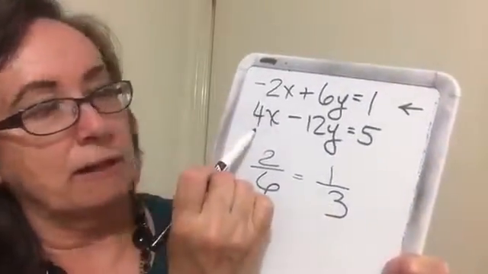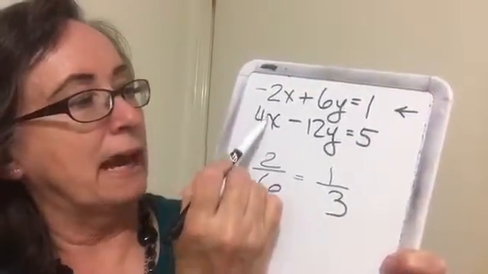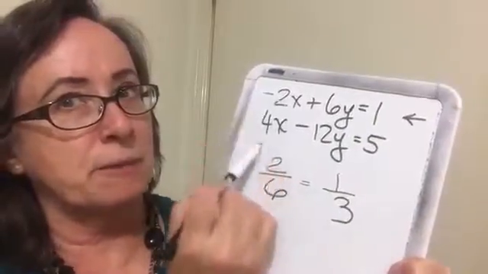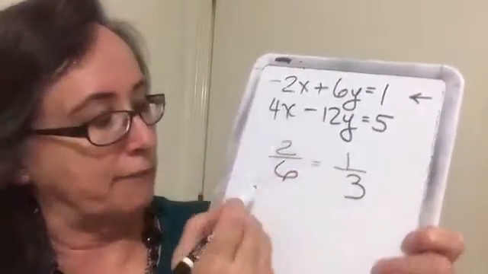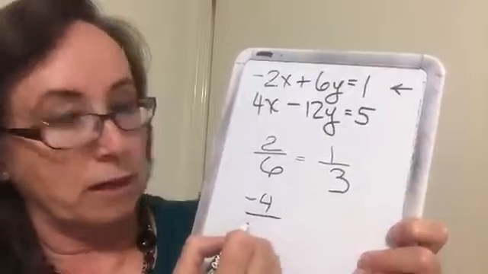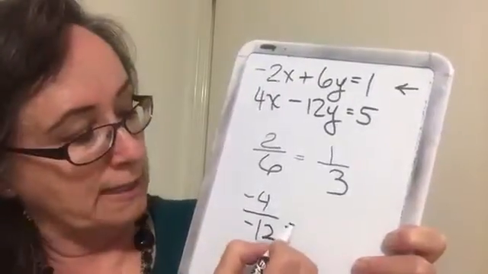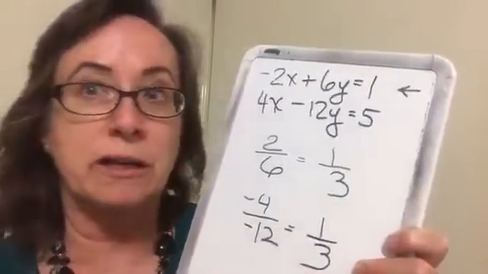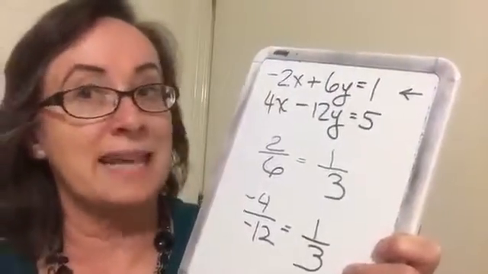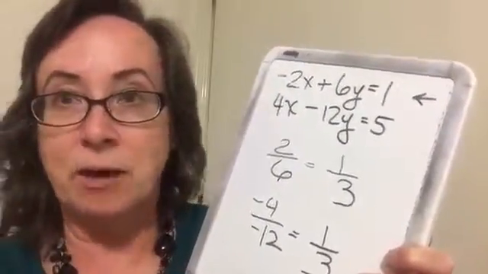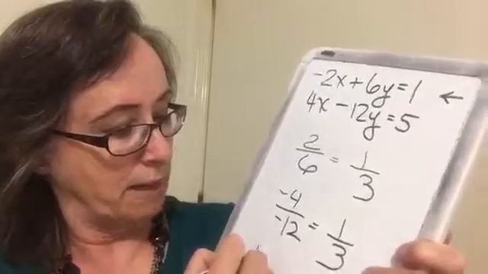Okay, now I look at the second line, and I have the opposite of this one, negative 4 over negative 12, and negative 4 over negative 12 is equal to 1/3. Since the two lines have the same slope, they are parallel.